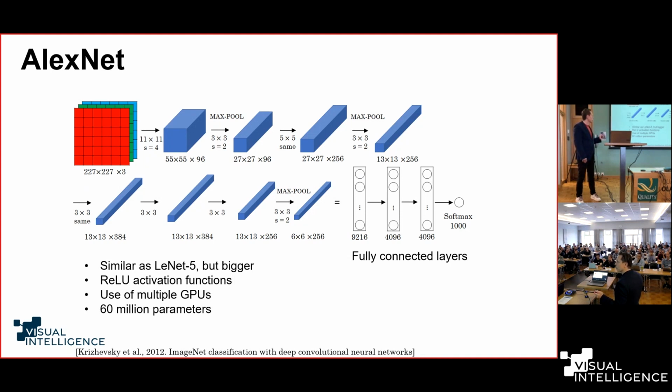But much bigger, many more filters, bigger input images, more layers. It used the ReLU activation function, not like the sigmoidal that this Net did, and we used GPUs, graphic cards, to do the training. And it had 60 million parameters, a lot, much, much bigger. But this really made the breakthrough in understanding images.